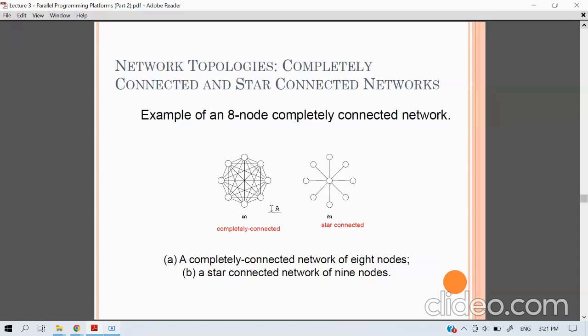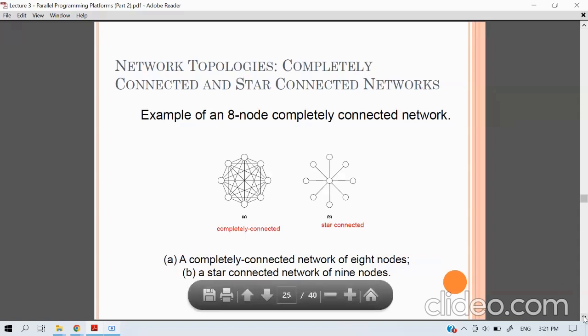The right side is the star connected network. Not all the nodes are directly connected, but they are connected by using a central node. So there is a difference between completely connected and star connected topologies.